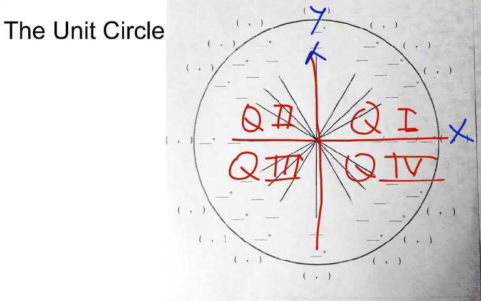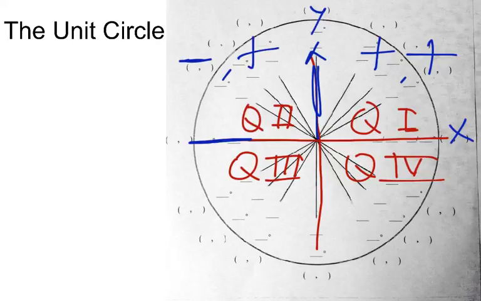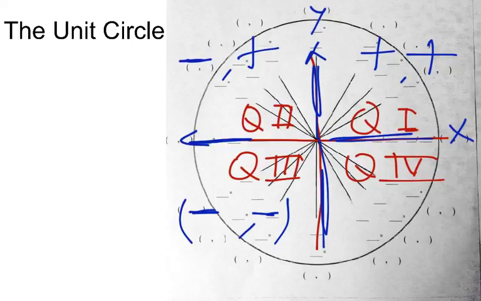In my first quadrant, the X is positive, the Y is positive. Q2, the X is negative, the Y is positive. Q3, the X is negative, the Y is negative. Q4, the X is positive, the Y is negative.